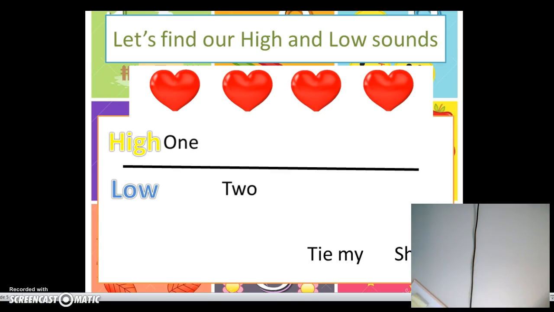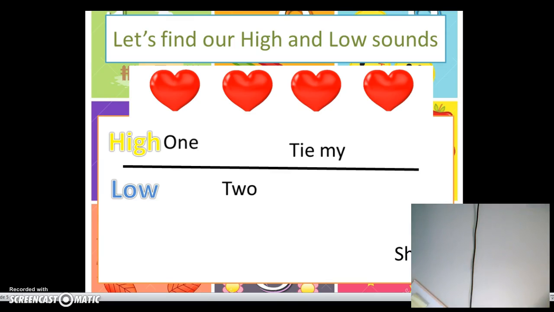Let's figure out tie my shoe. Is tie my high or low? You are correct. It is high. So tie my is a high sound.